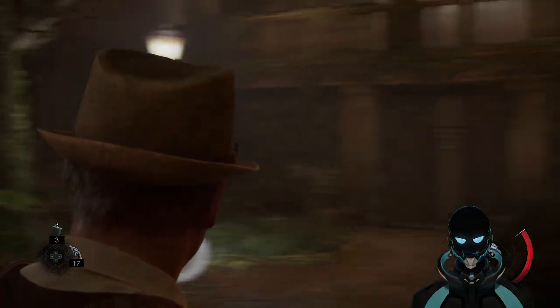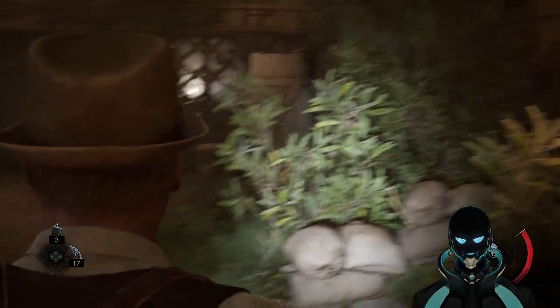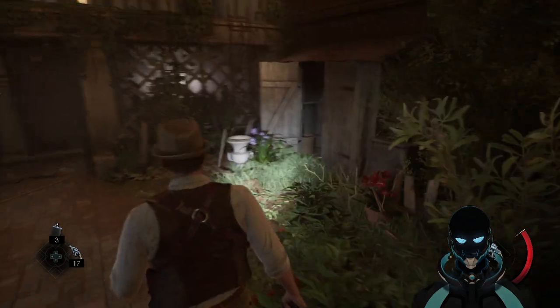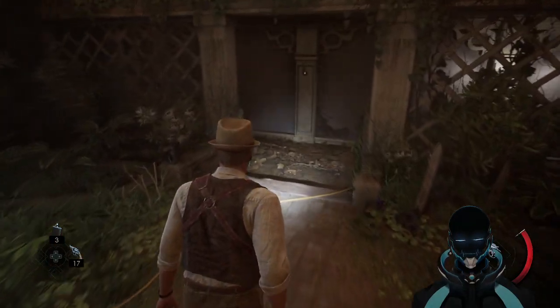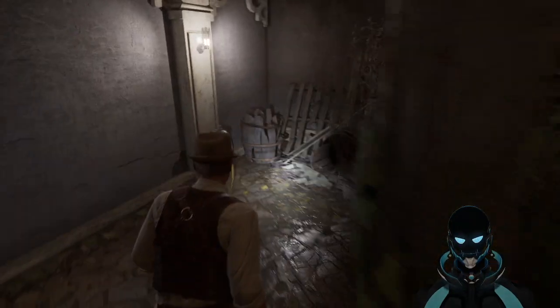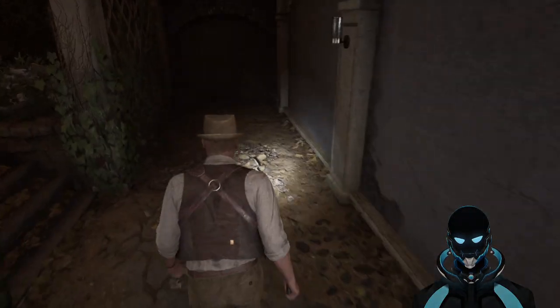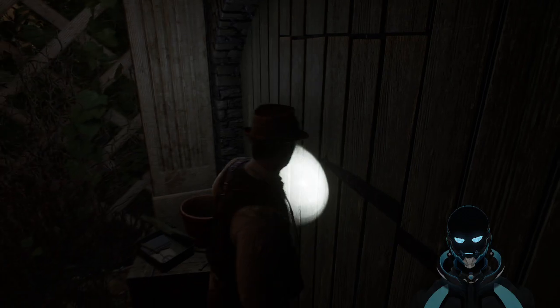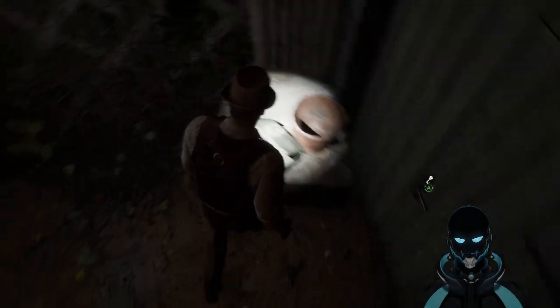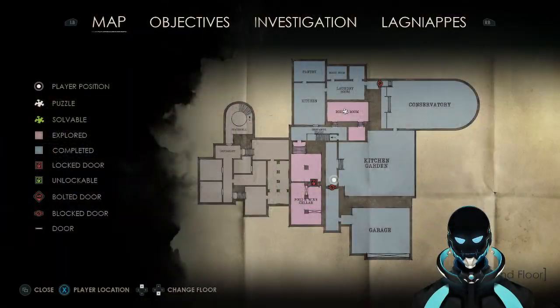You're saying there's still something here. No, okay, it was just the weapon. Alright. Oh, they locked it? Son of a bitch.